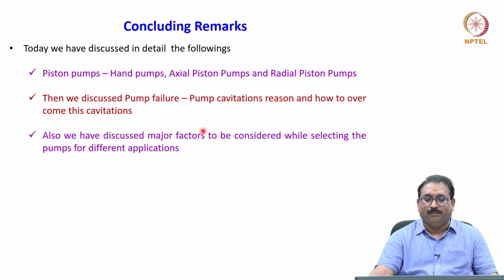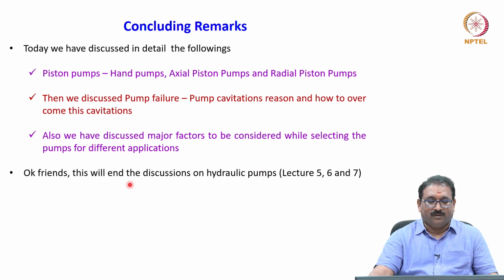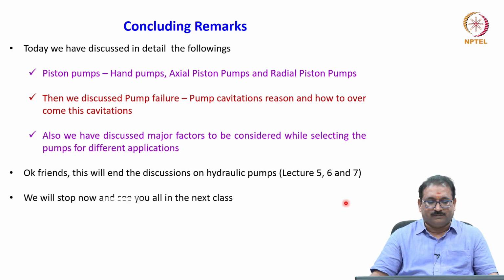Also, we have discussed the major factors to be considered while selecting the pumps for different applications. Okay, friends, this will end the discussions on hydraulic pumps. This is covered in lecture 5, lecture 6 and lecture 7 in detail. Each lecture is on the gear pump, vane pump and piston pumps.